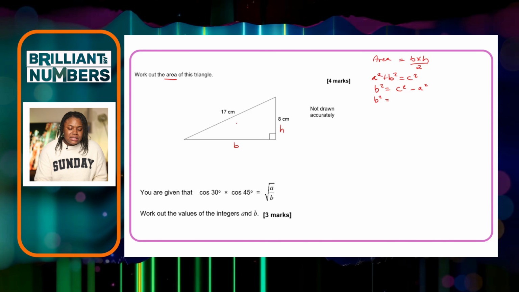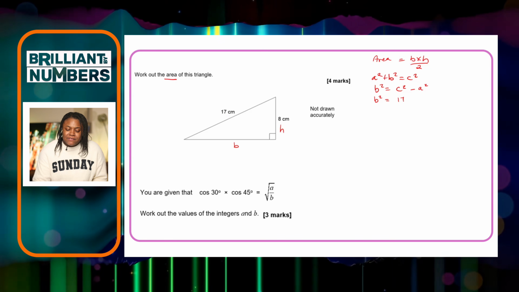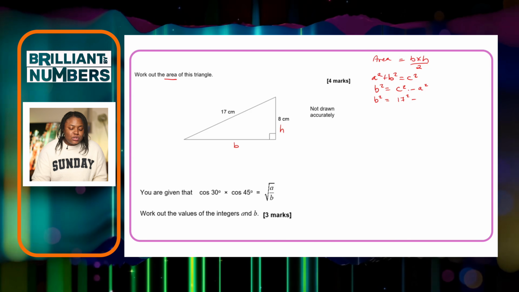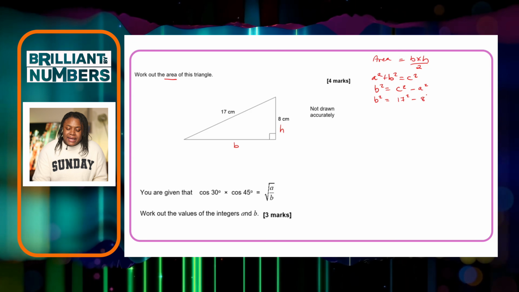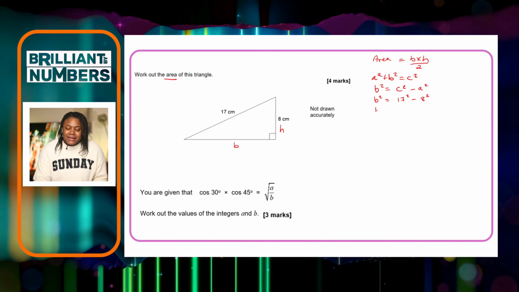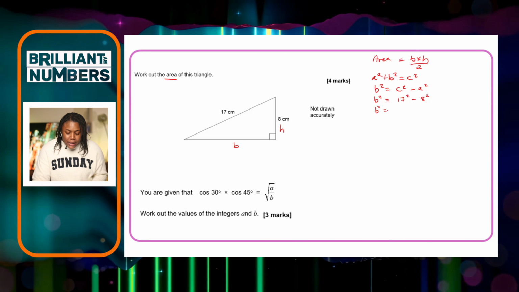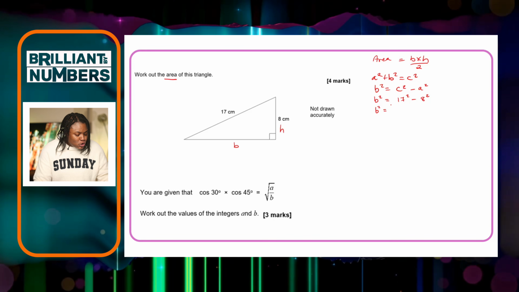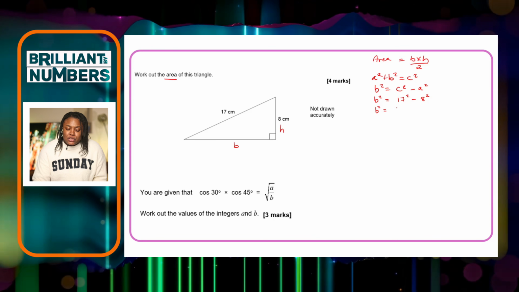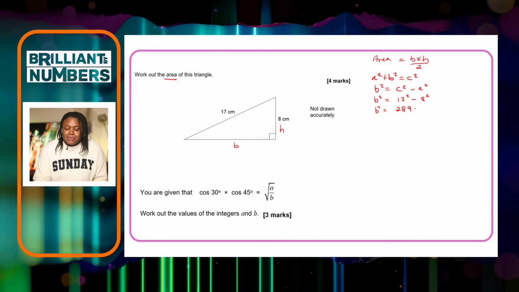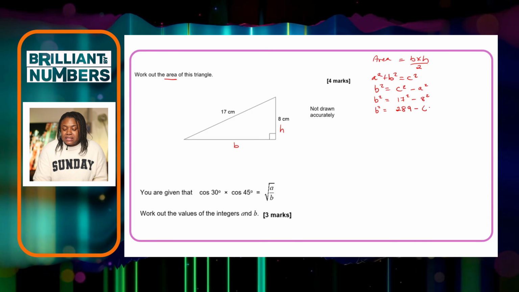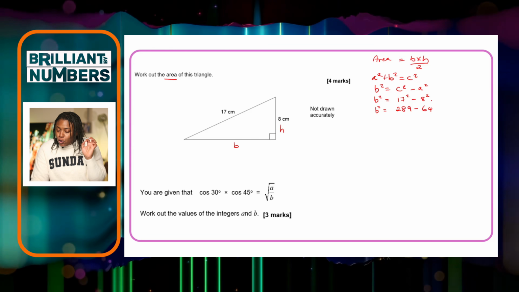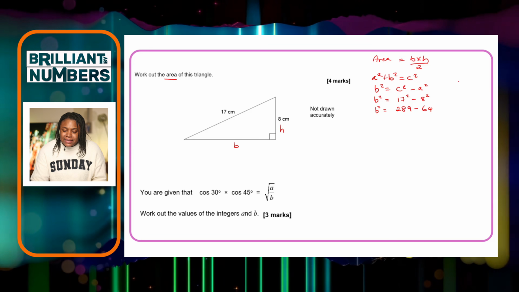B squared then will be equal to c squared, longest side 17. So 17 squared, don't forget your square, take away 8 squared. Again, guys, we expect that you know your square numbers. So we are doing 17 squared, which is 289, and we are subtracting 8 times 8, which is 64. Do not rely on your mental skills. Write it out.